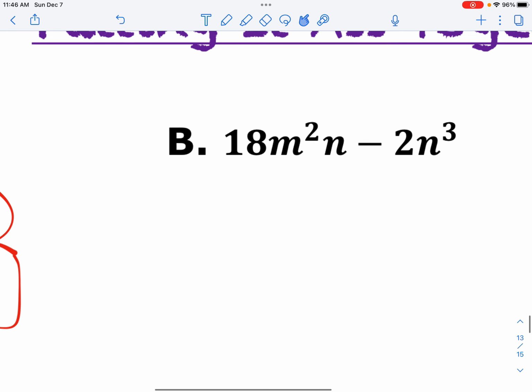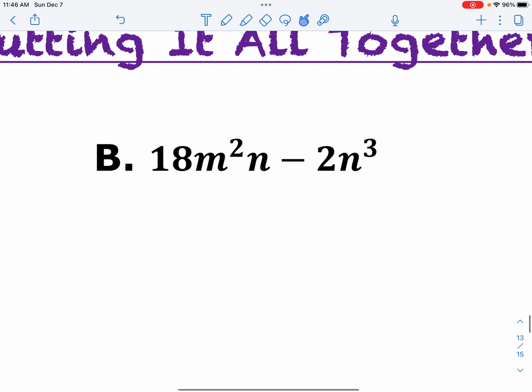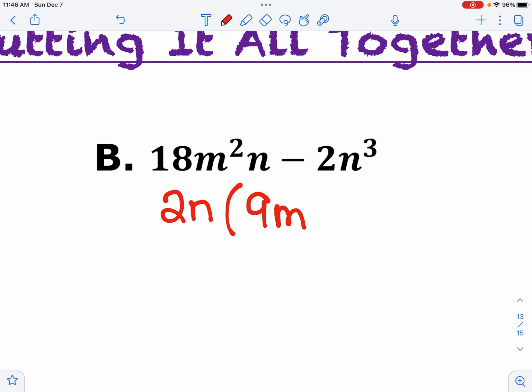Okay, this one has two terms, but I do see a greatest common factor. They both have n's involved, and 2 and 18, 2 goes into both of those. So this would be 2n is my factor. So if I take that out, I would get 9m squared would be left. And then over here, minus n squared.